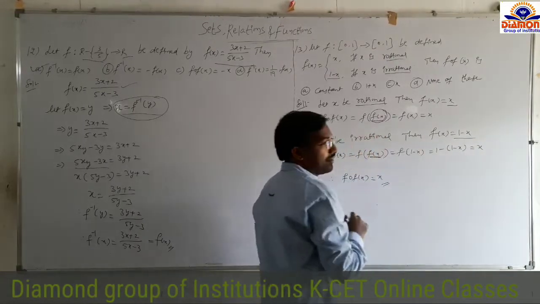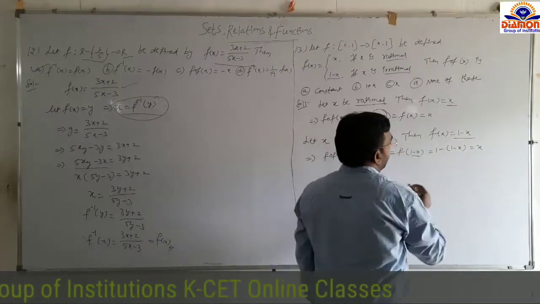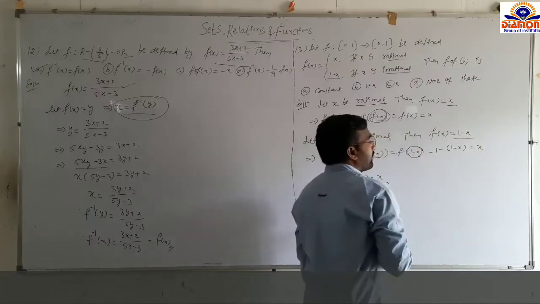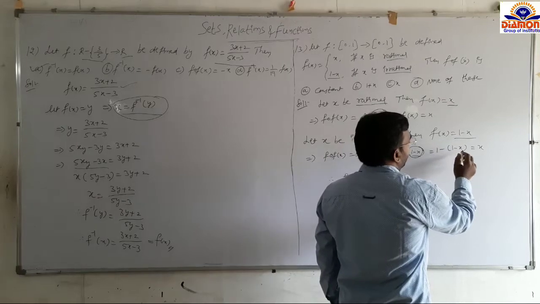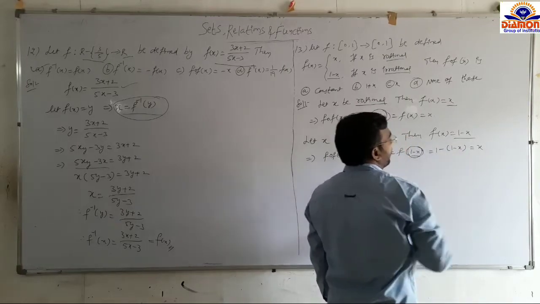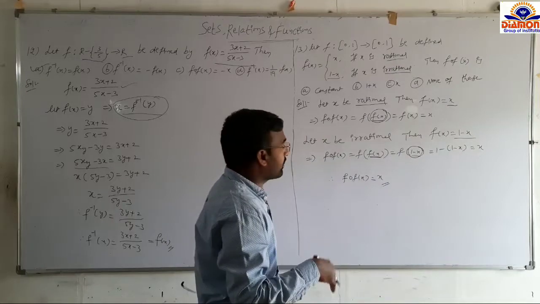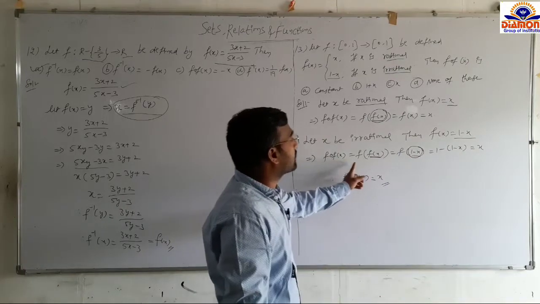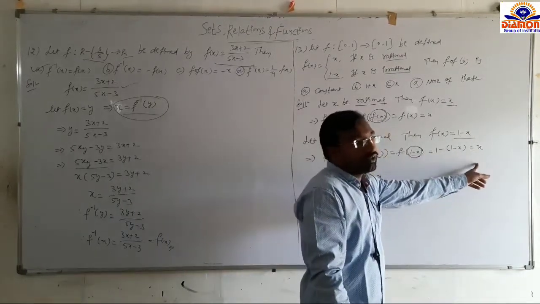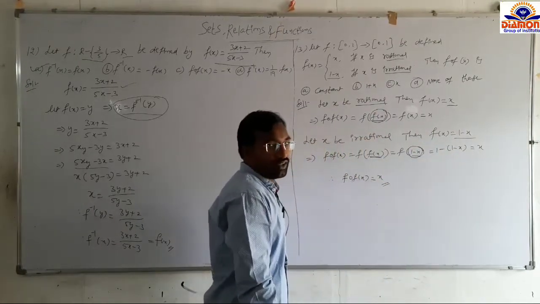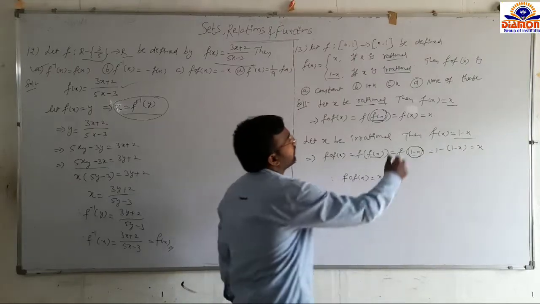Substitute 1 minus x. Again, what is f of x here? 1 minus x. So in place of x, substitute 1 minus x. So 1 minus (1 minus x). Here the 1s cancel, and you get x. So in the second case, the irrational case also, you get f circle f of x equals x only. So in both cases, you get f circle f of x equals x. Final conclusion: the answer is option C.